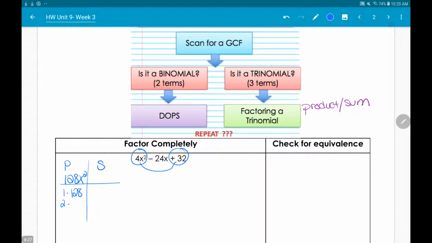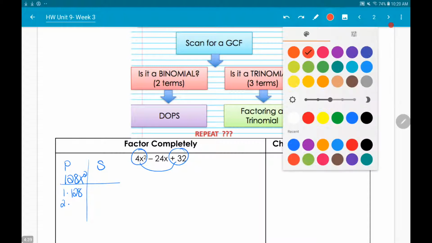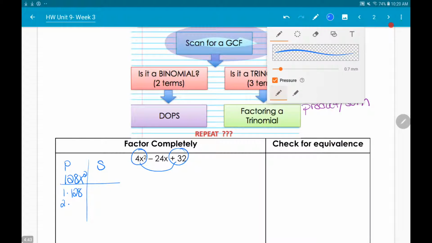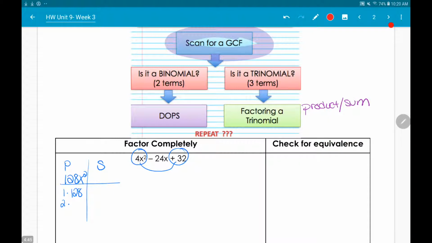Something that makes life a little bit easier is to make the numbers smaller. In order to do that, I need to start by scanning for a GCF. Let's look at our original problem. Is there a possible GCF that I can divide out of all 3 numbers?